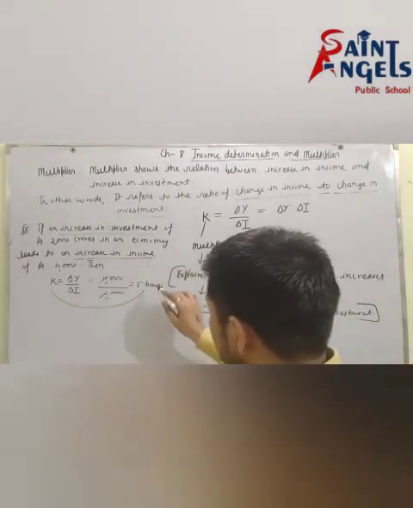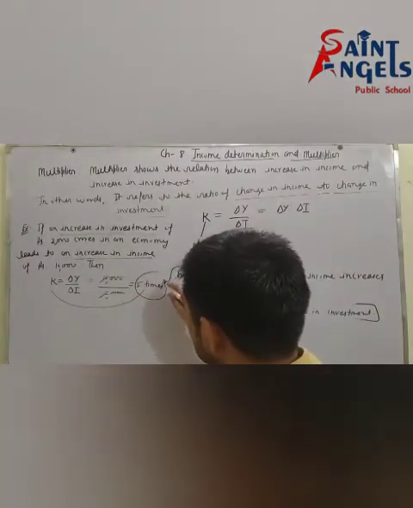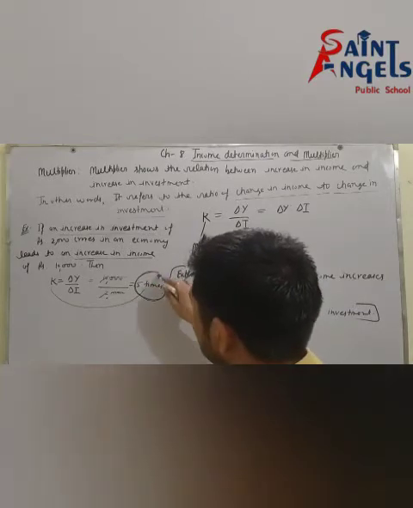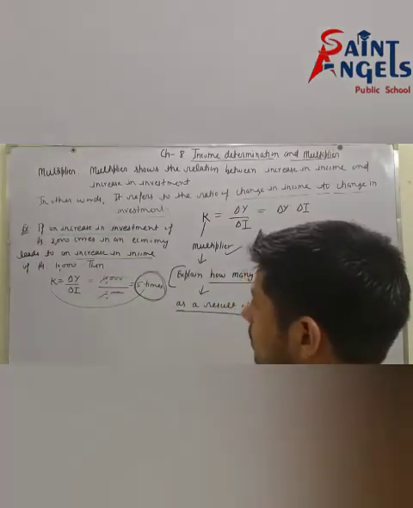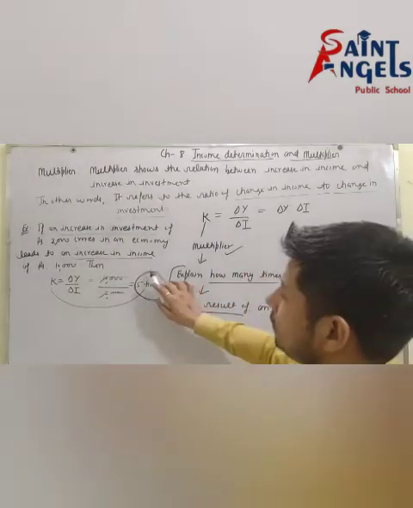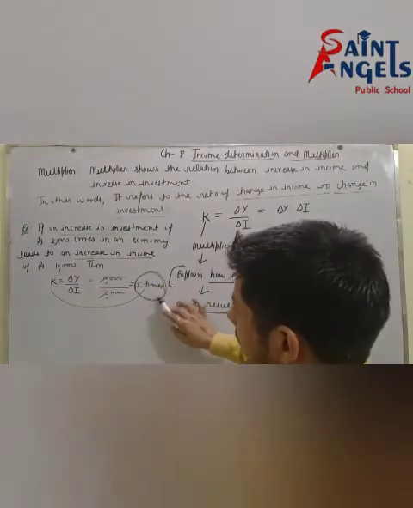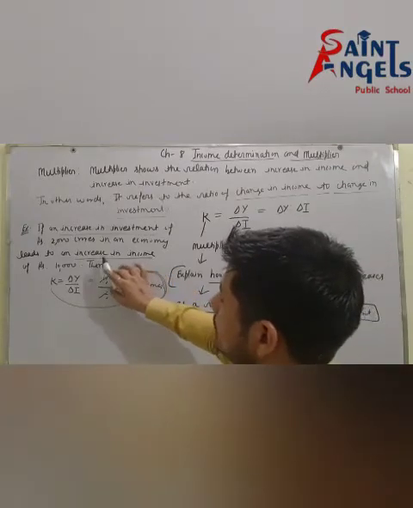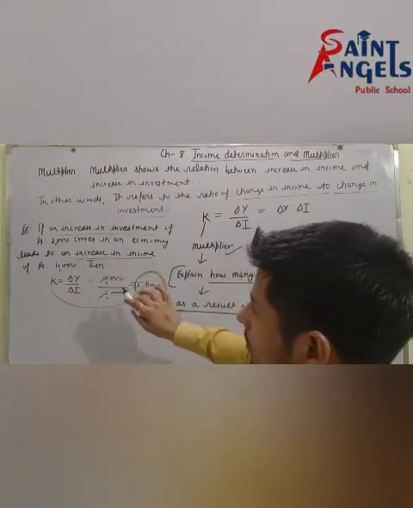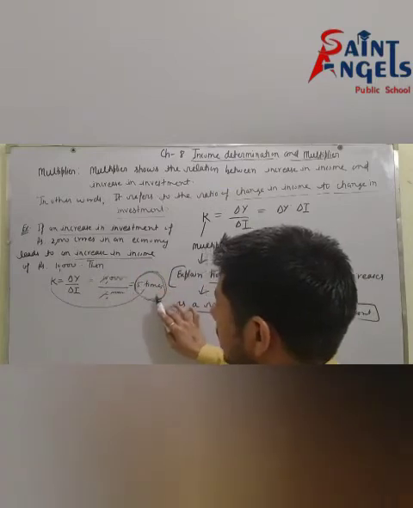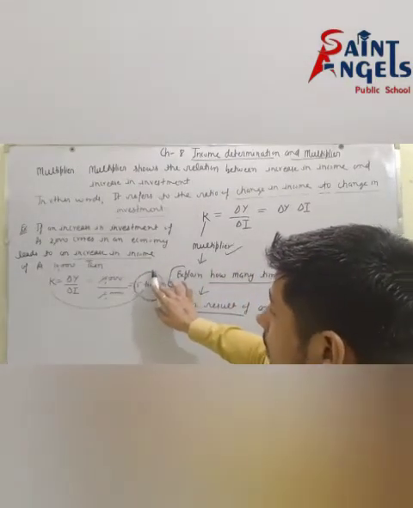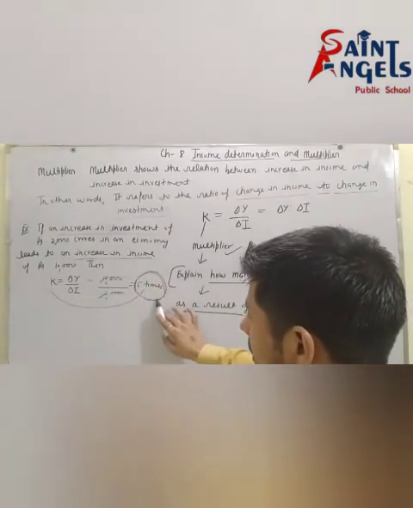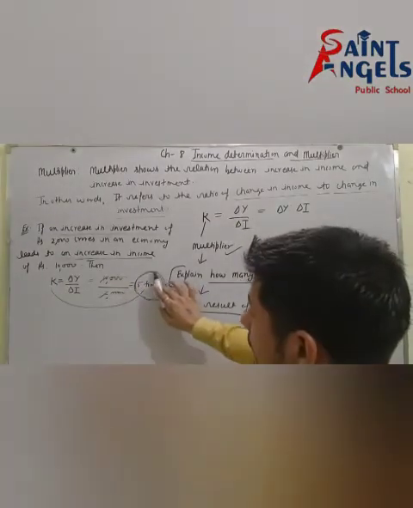See, this value of multiplier shows that the income increases 5 times.